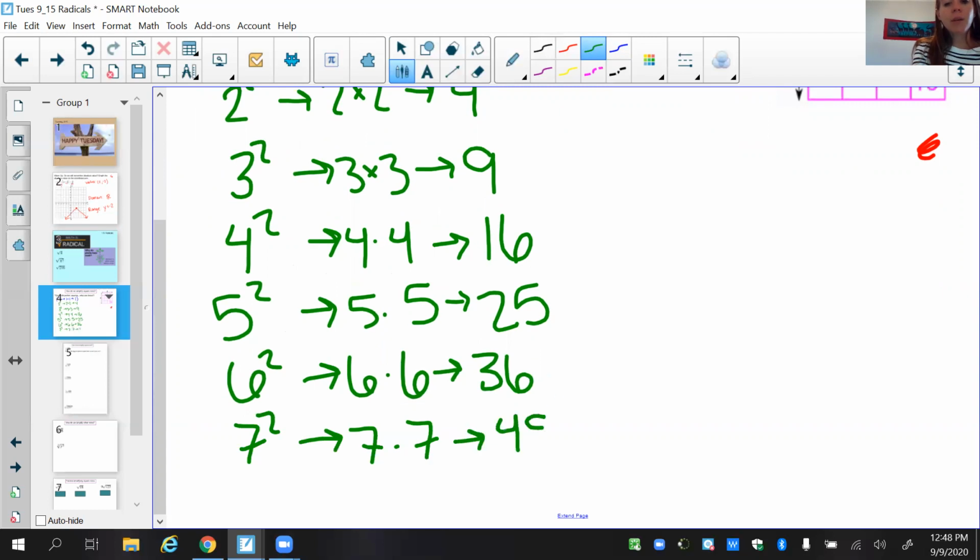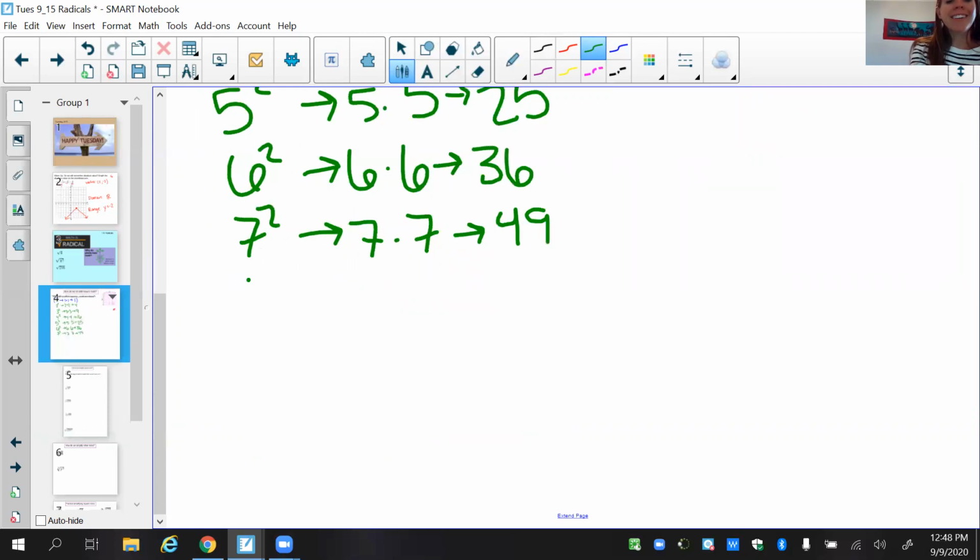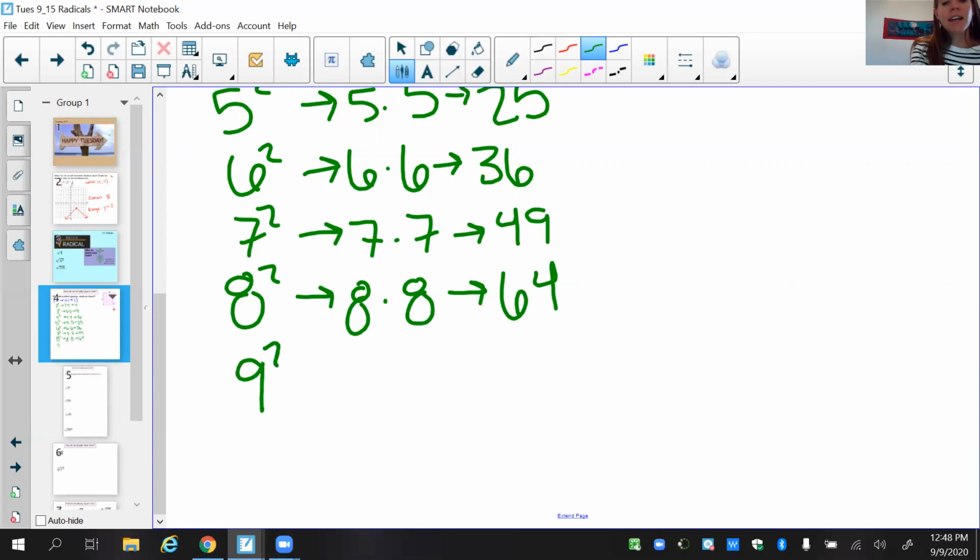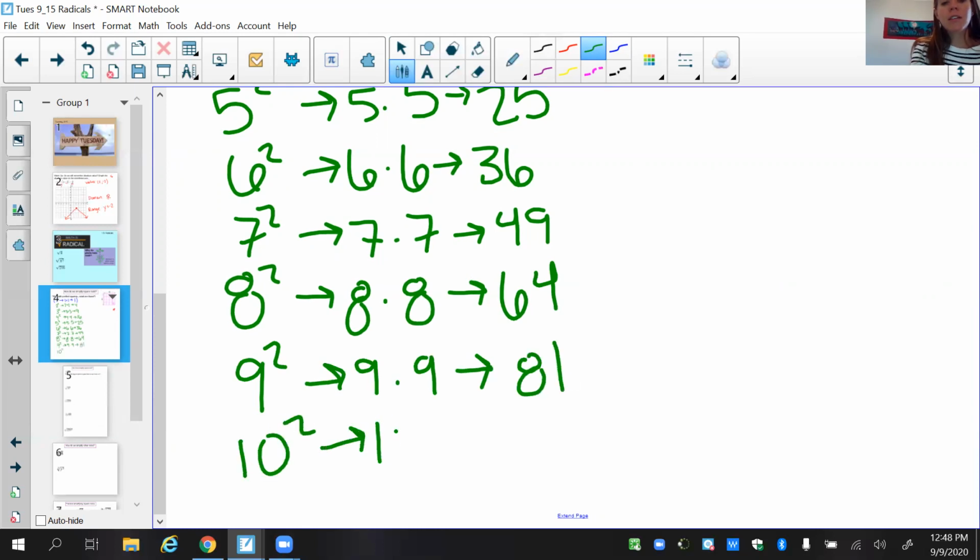I'm going to go all the way to 10, so hang tight. 8 squared, 8 times 8 is 64. 9 squared, which is 9 times 9, 81. And my last one is 100.